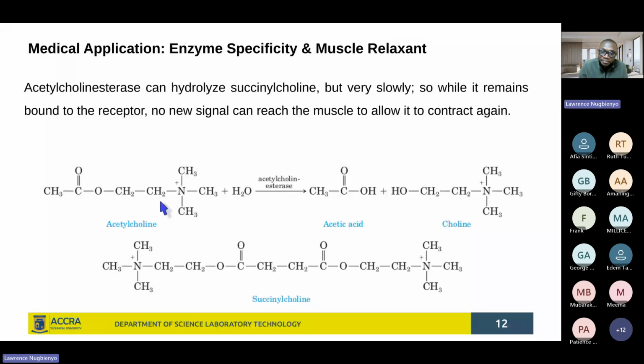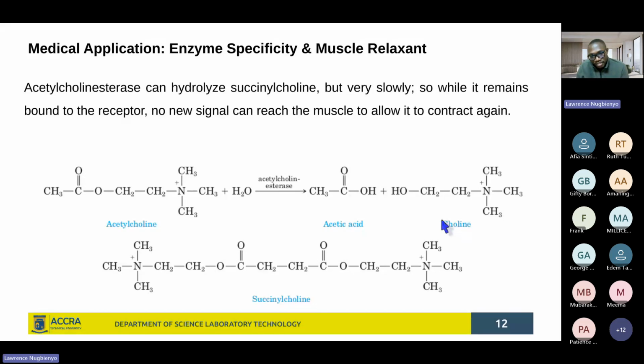And when it contracts, acetylcholine esterase then goes in to hydrolyze acetylcholine, meaning, to sort of dissociate it from the muscle cells. That way, once it hydrolyzes away, it means the muscle will relax, and then a next signal will come. Acetylcholine will come again, so that there will continue to be contraction, relaxation, contraction, relaxation.